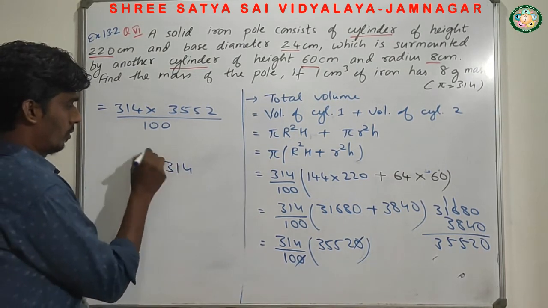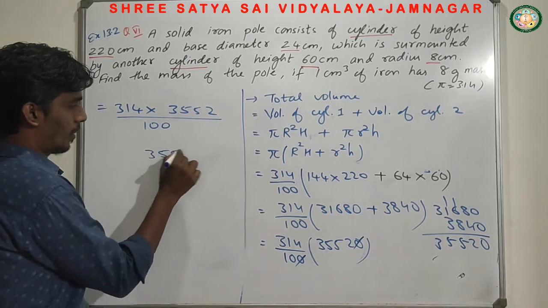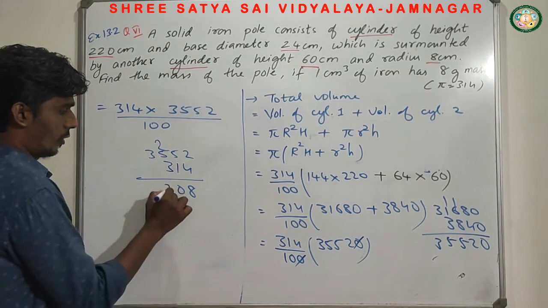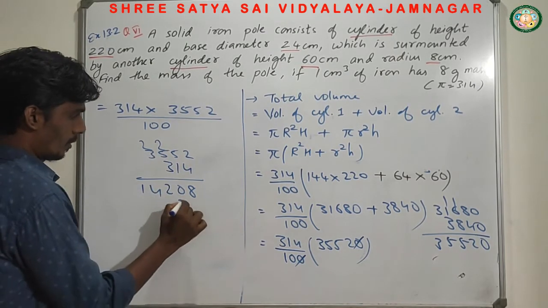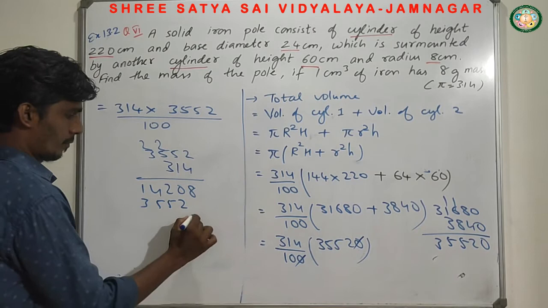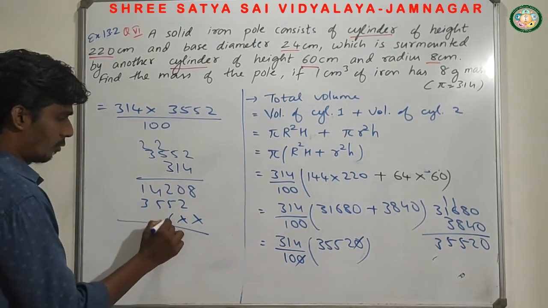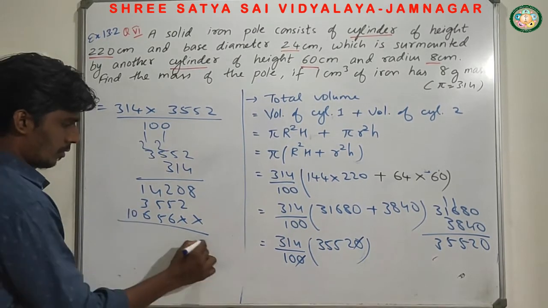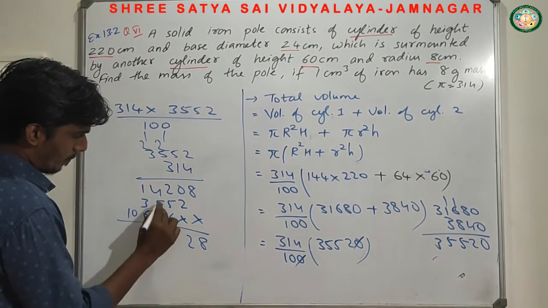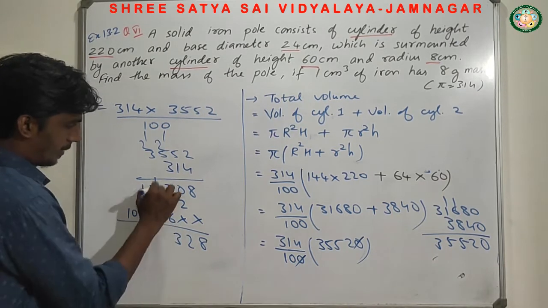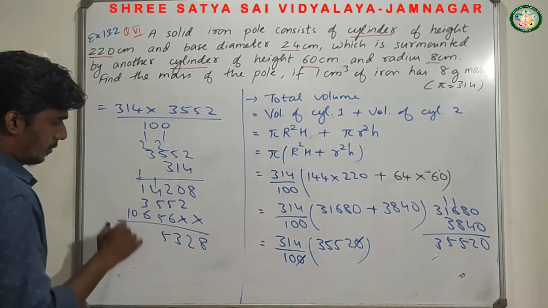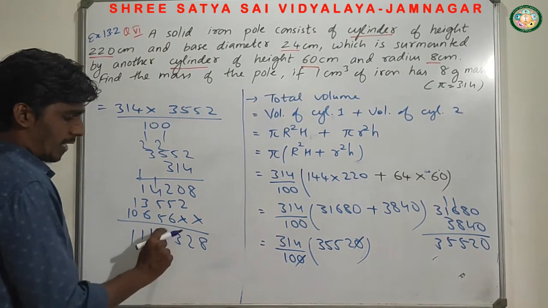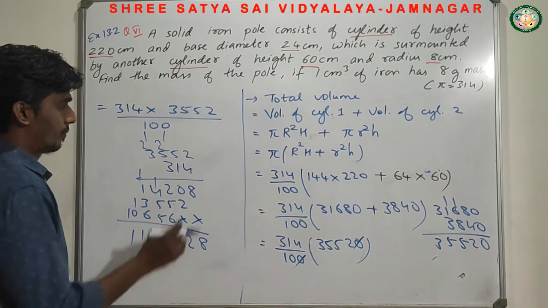So let's multiply these two numbers, 314 and 3552. How much did I get? 1 1 1 5 3 2 8. What about the decimal?